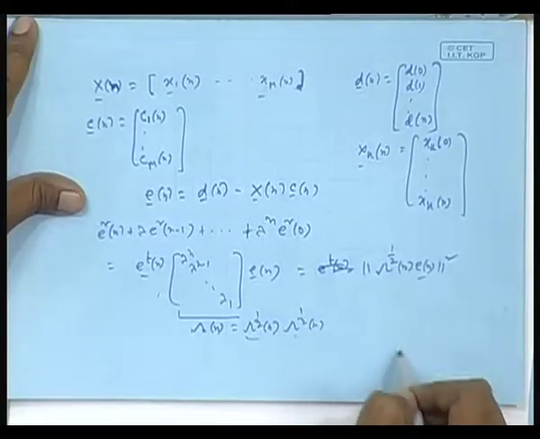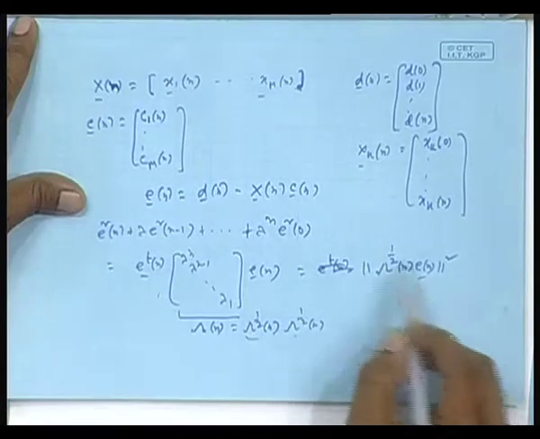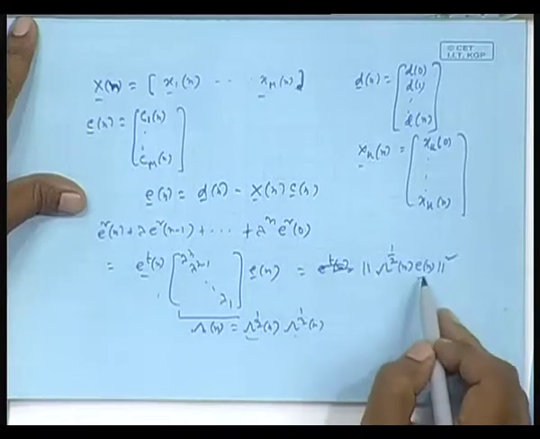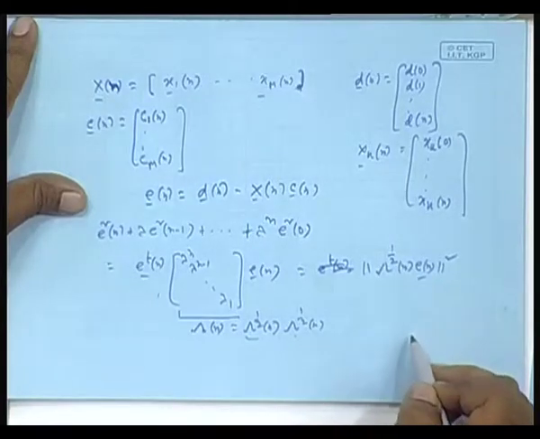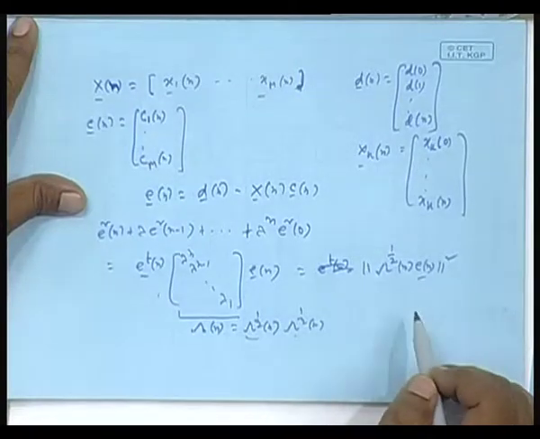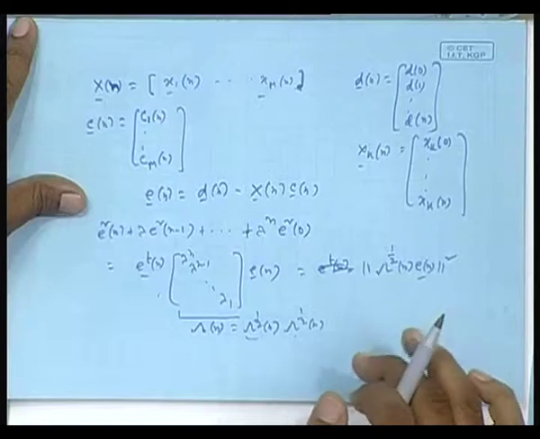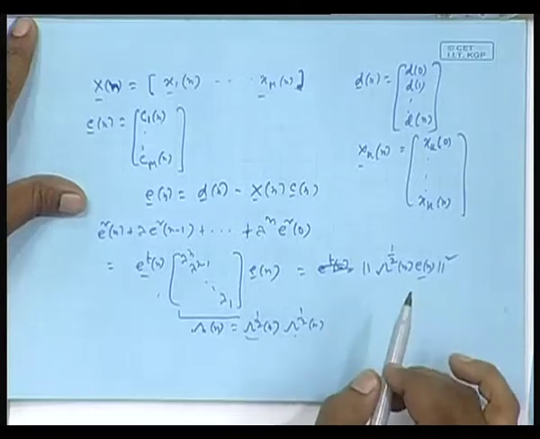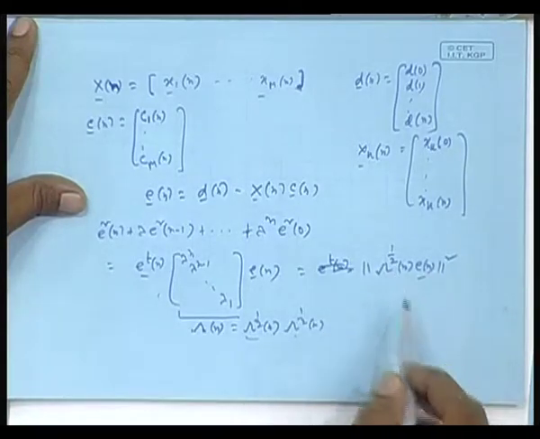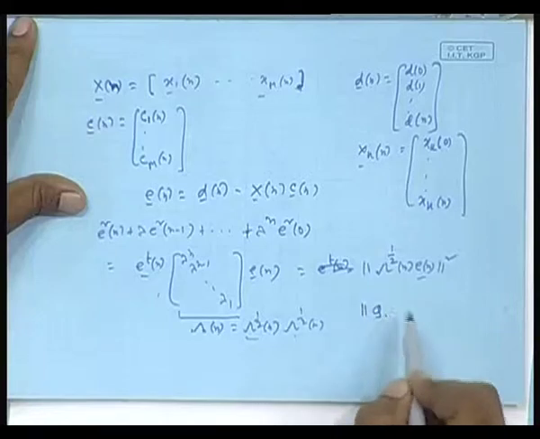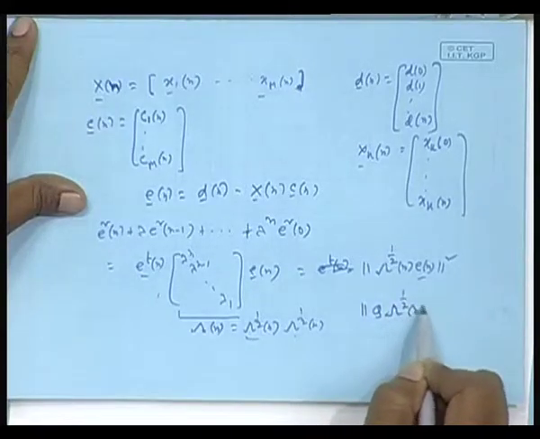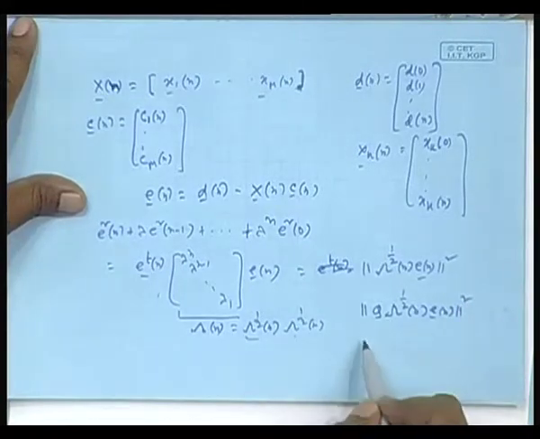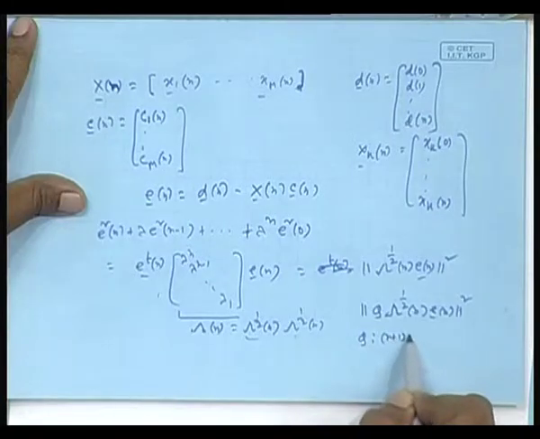The point is, if I find some unitary matrix, these are this vector, a length n plus 1 vector, E0, E1 up to En. If I have, suppose, a square unitary matrix Q of size n plus 1 by n plus 1, and instead of this I take this quantity Q times this.